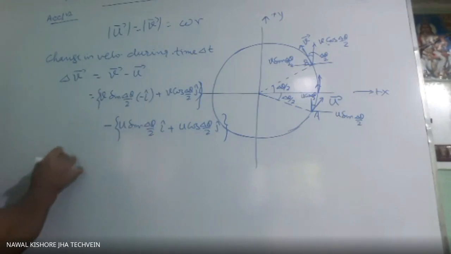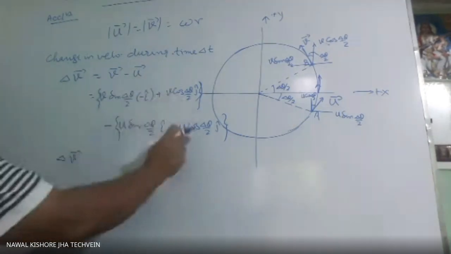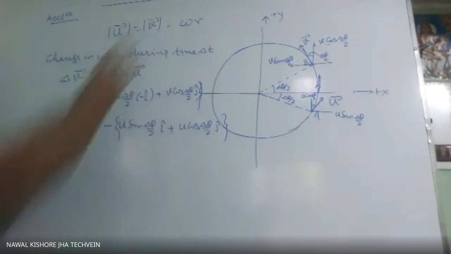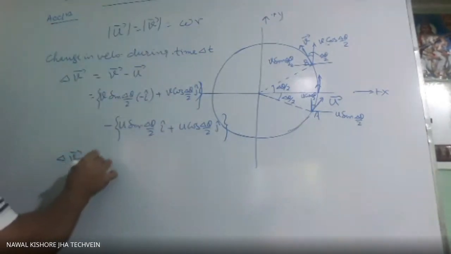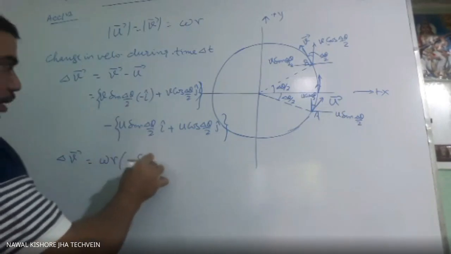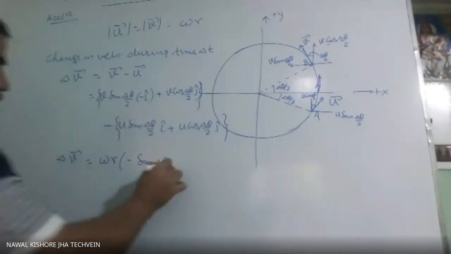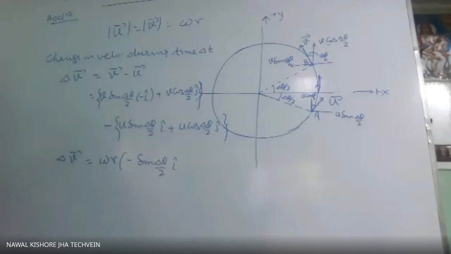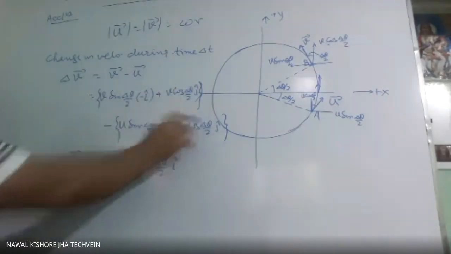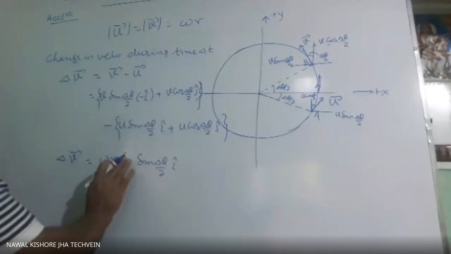So this delta v will be, v and u are both the same, omega R only. So we can take omega R common, minus sin delta theta by 2, and this will be cancelled, so it will simply be twice.